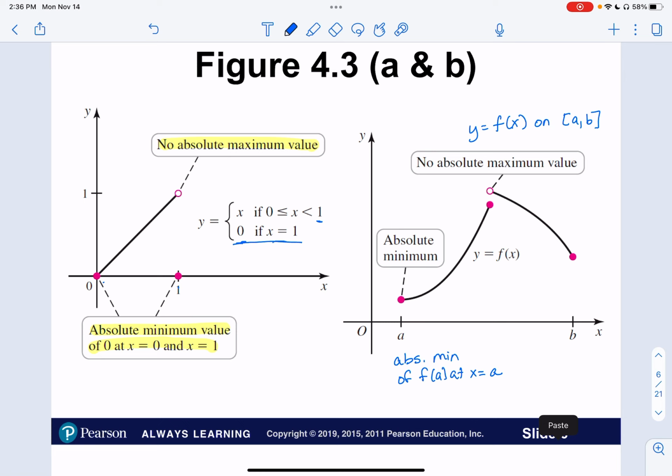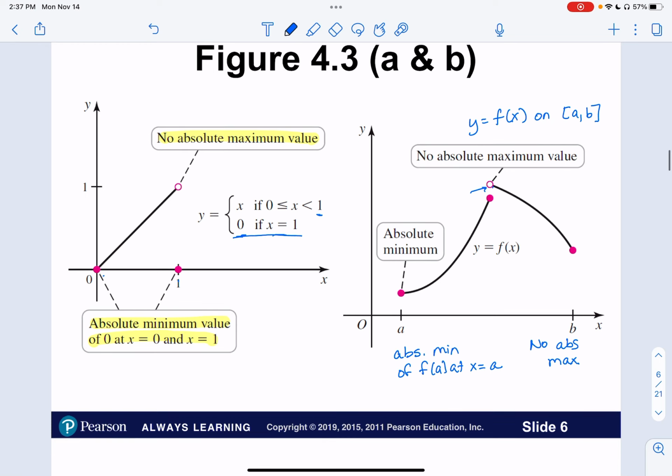But there's no absolute max here, because there are points right around here where it's greater than this endpoint. There are definitely points on this interval that are larger than the pink point here at the end, but because I'm not including this little maximum area here, there's no absolute maximum. Alrighty.